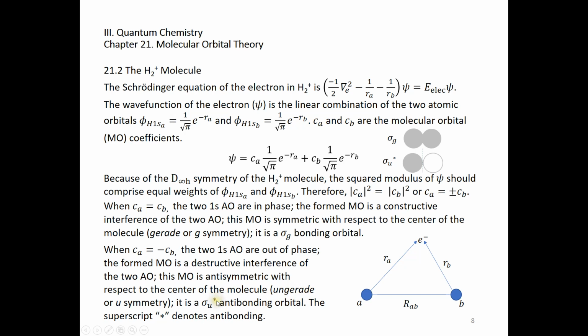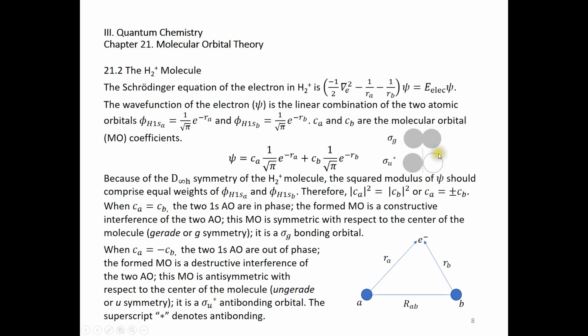This star actually means anti-bonding. So remember, in the past we used star to denote the complex conjugate, but here this star has a different meaning. So when you see sigma u star, it means this is an anti-bonding sigma orbital with u symmetry, or ungerade symmetry.